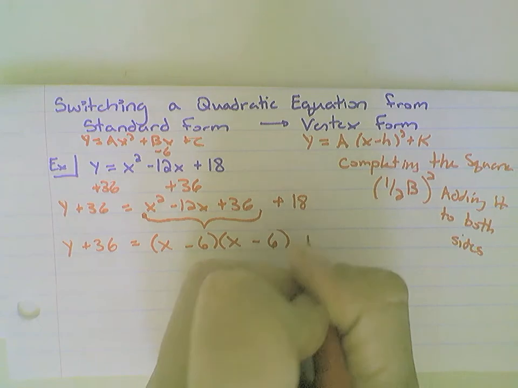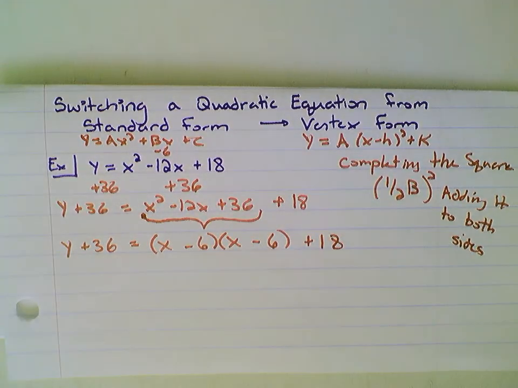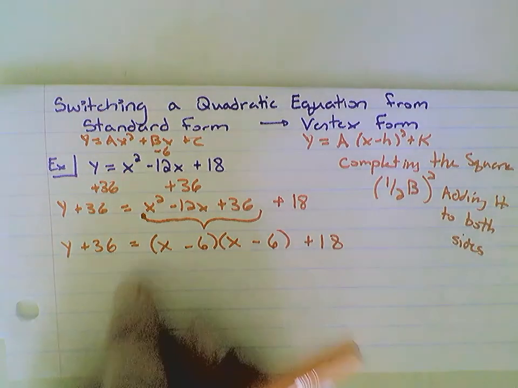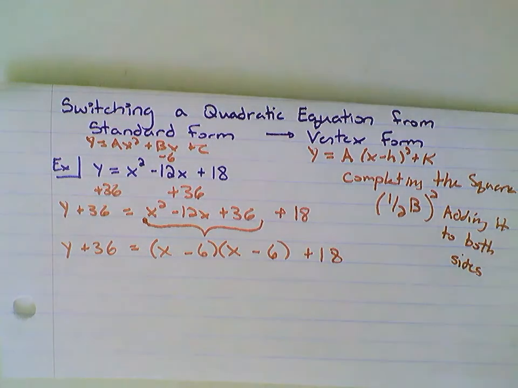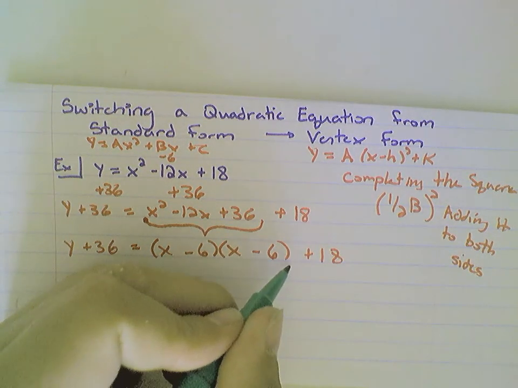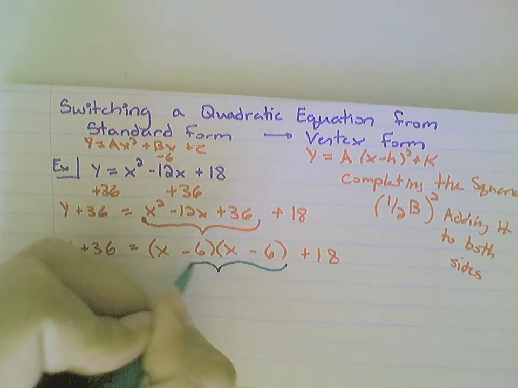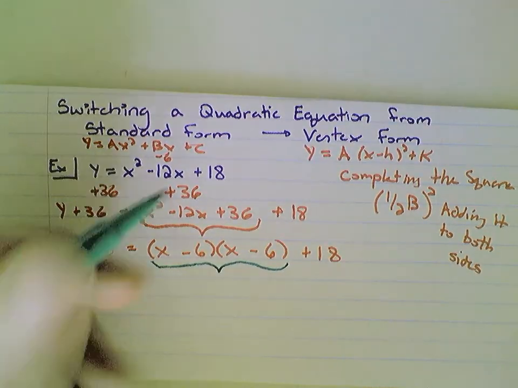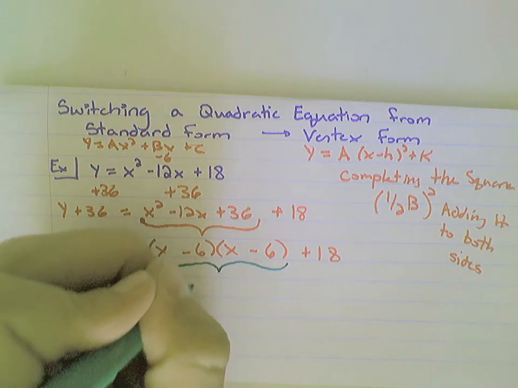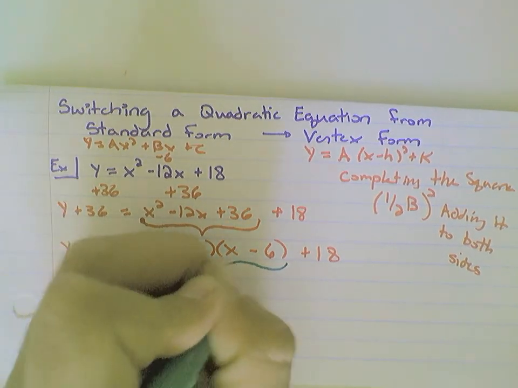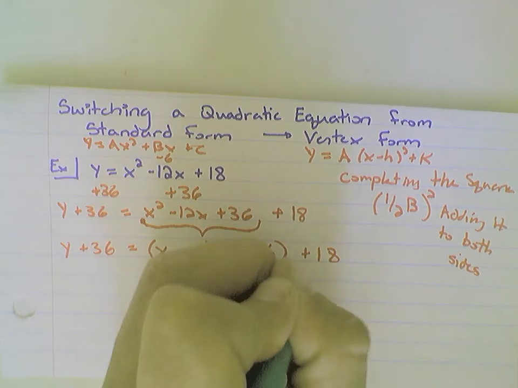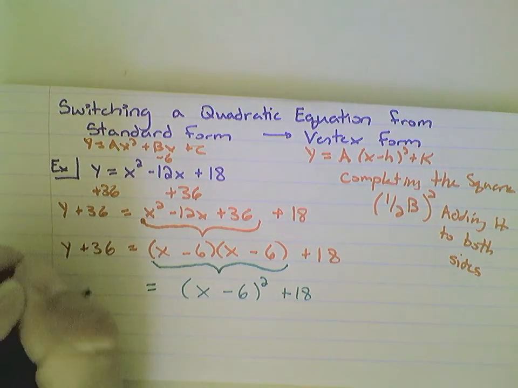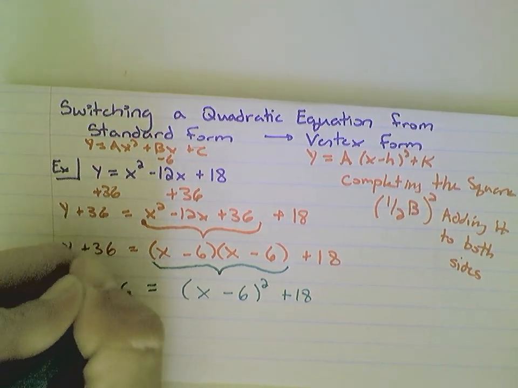And then I still have the plus 18 on the side. At this point, I should notice that the two parentheses are the exact same, so I can combine those and rewrite that as (x minus 6) squared plus 18 equals y plus 36.